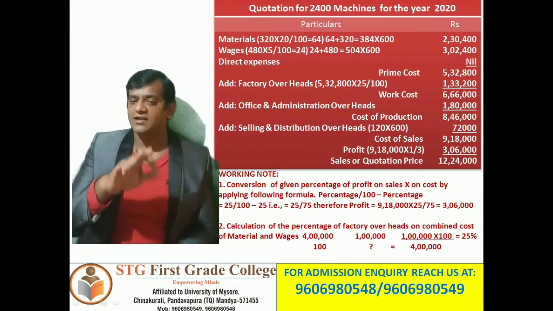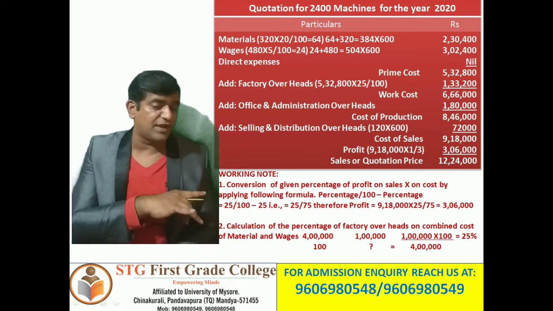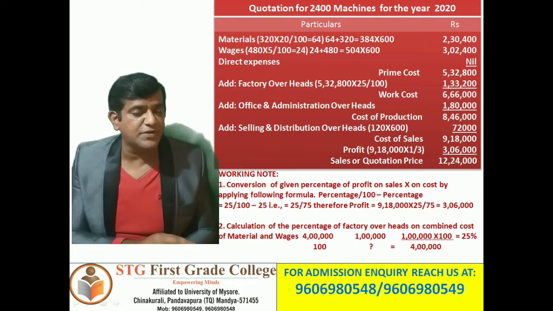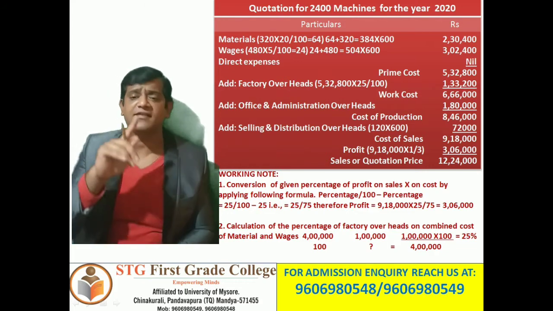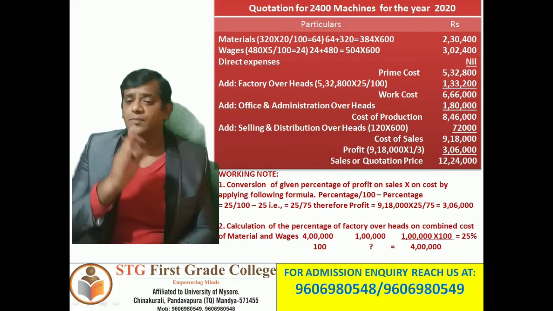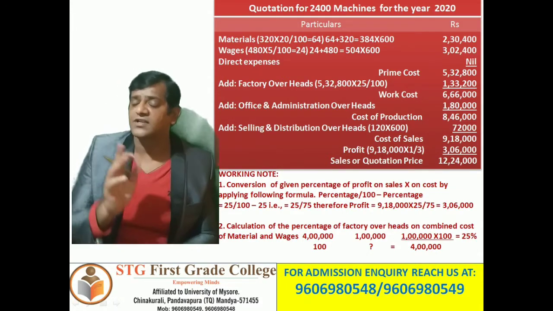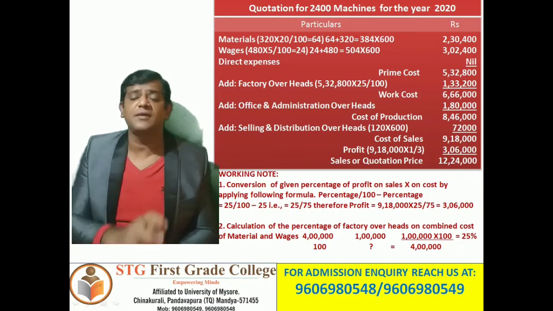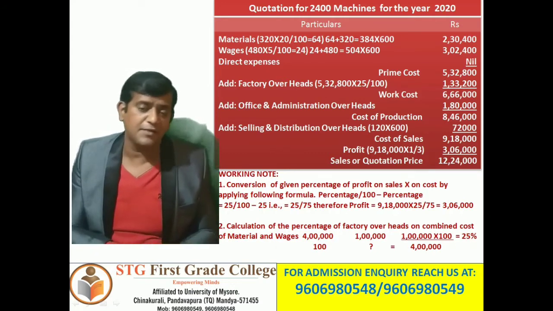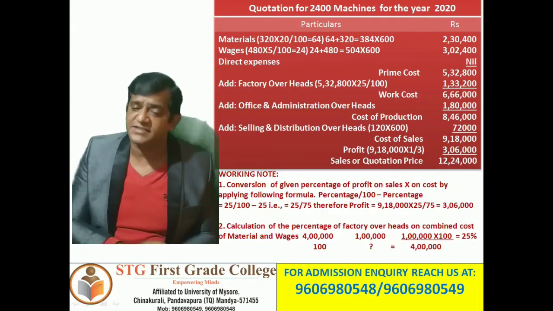Take down the conversion of given percentage, working note number 1. Conversion of given percentage of profit on sales into on cost by applying the following formula: percentage divided by 100 minus percentage. 25 divided by 100 minus 25, that comes to 25 divided by 75.